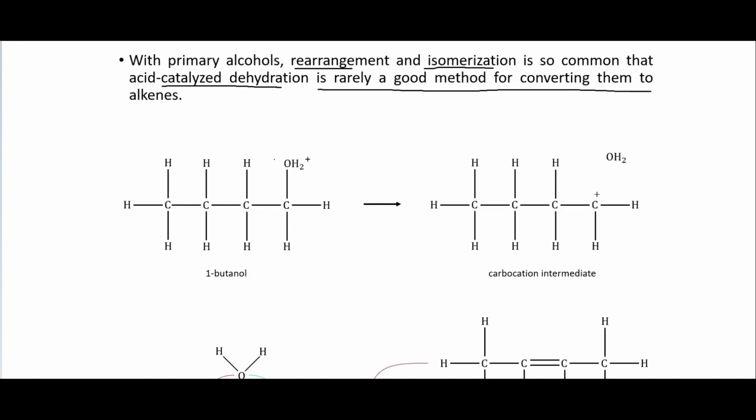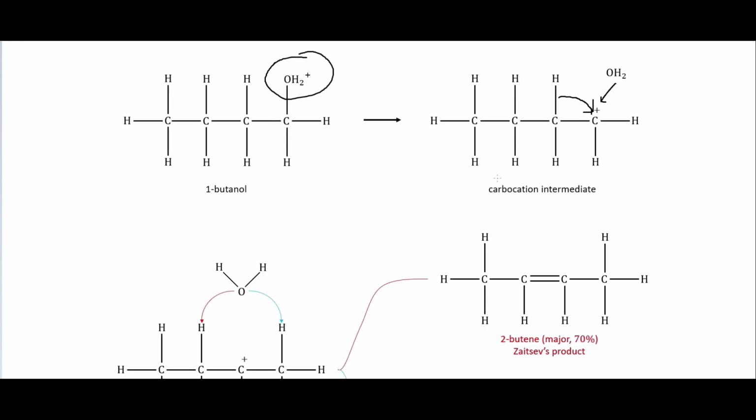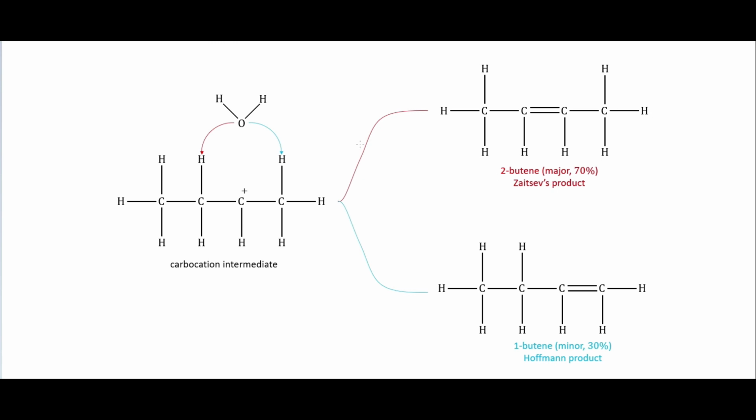So the rearrangement we have is we're forming this right here, which can leave as a water. This gives us a primary carbocation. So this hydrogen is likely to move over there so that we can get a more stable secondary carbocation. And so that's what we end up with here. Then we can have water come in and do an elimination on one of the neighboring hydrogens. And what we're going to see is that we will mostly get the Zaitsev's product.